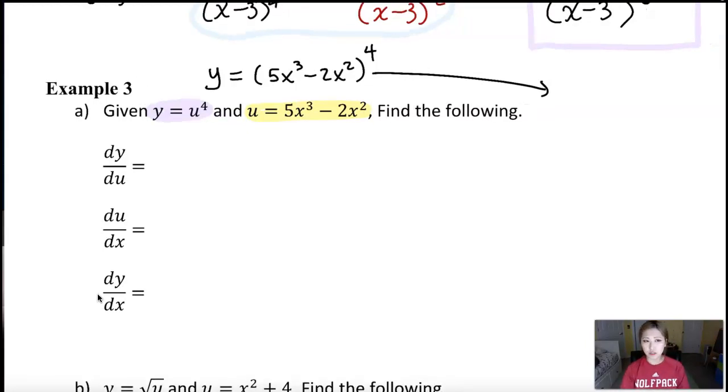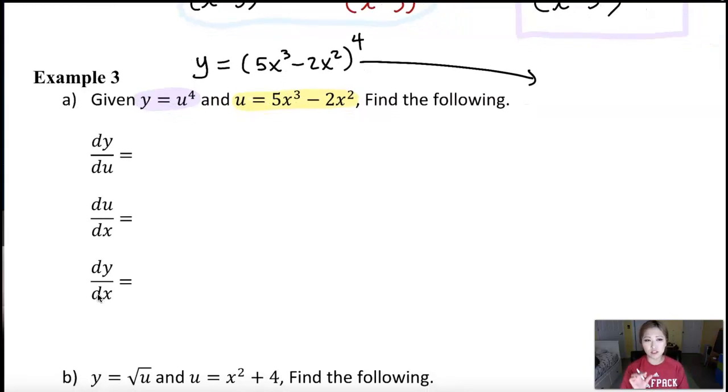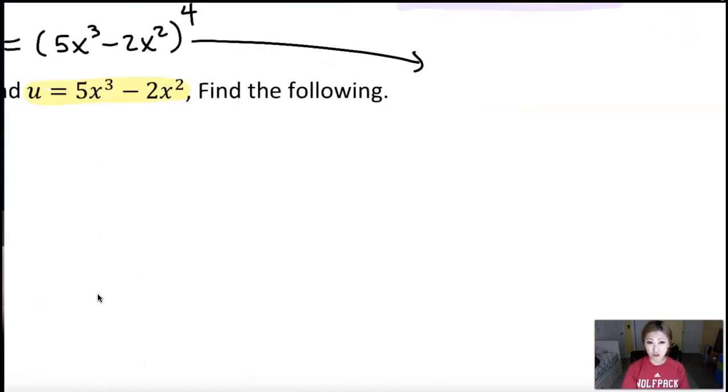What this example is doing is we're breaking the chain rule down, and trying to see why chain rule is multiplying the derivative of the outside by the derivative of the inside function. So let's actually do this problem using straight up chain rule.